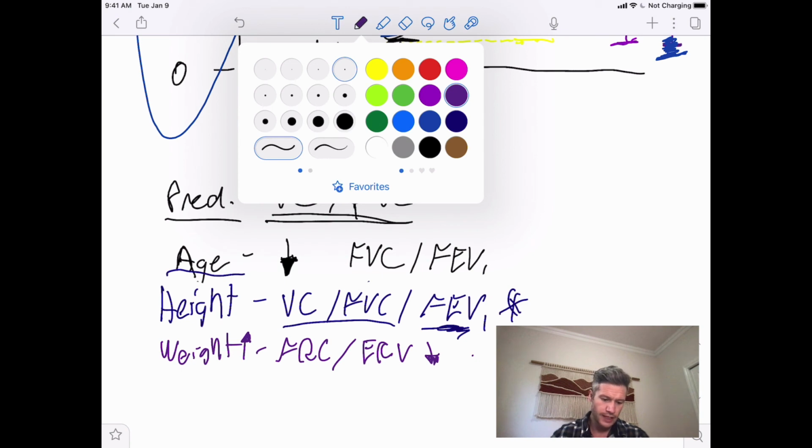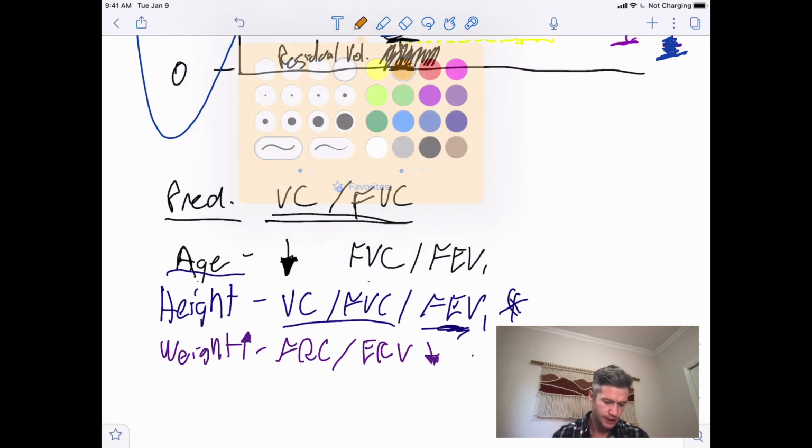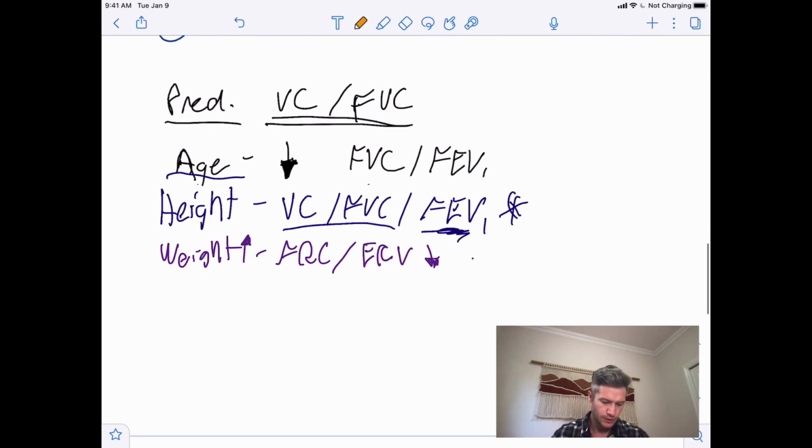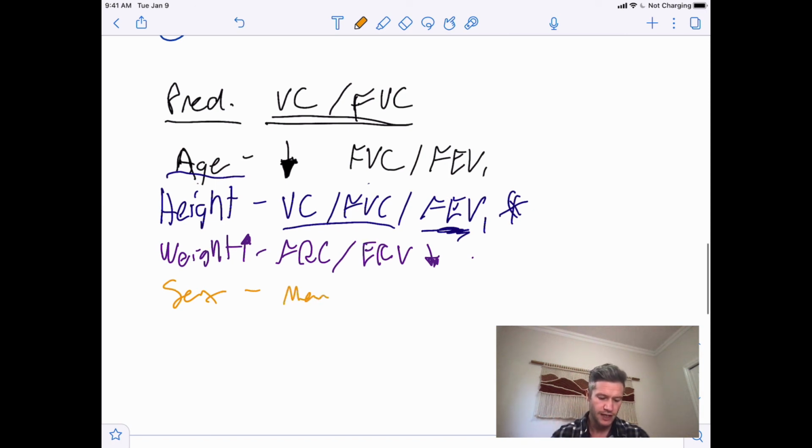Another that we look at, and this one's a little, I don't want to say contentious, but there are differences in sex, and one of the main justifications for this difference is that men have a longer air passage essentially to get through.